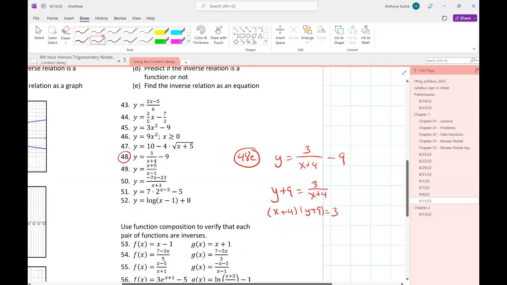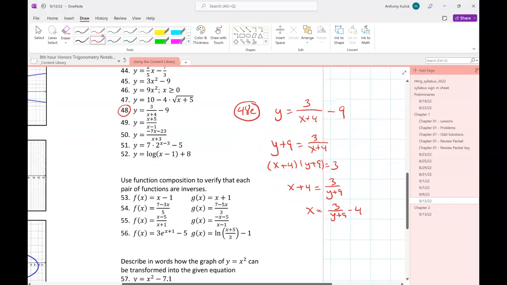And then I'm going to divide by y plus 9. And then subtract the 4 over. And now that the x is by itself, I can swap the variables and write it as an inverse function.